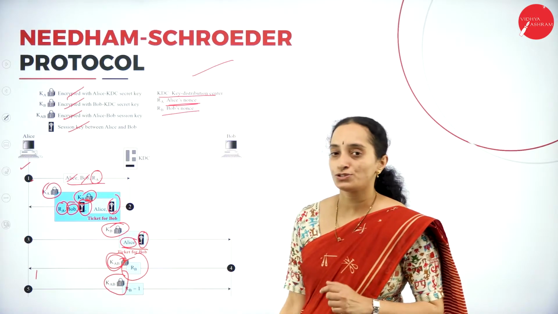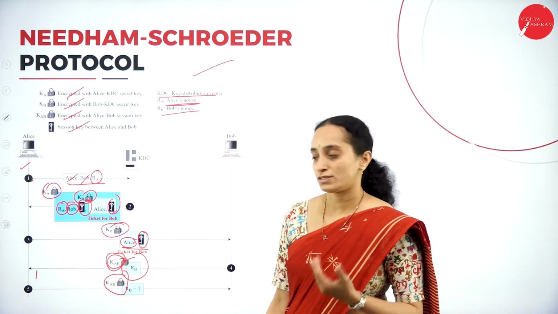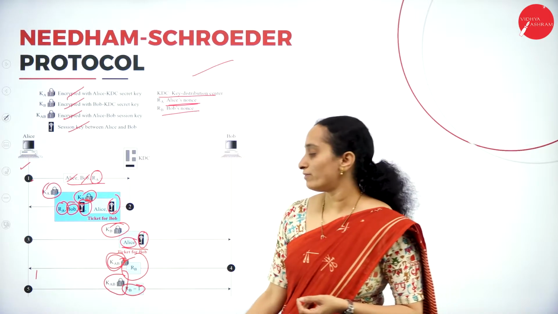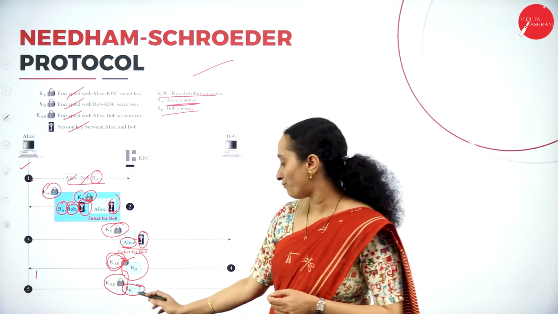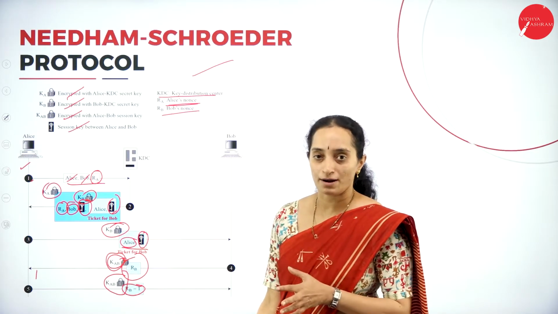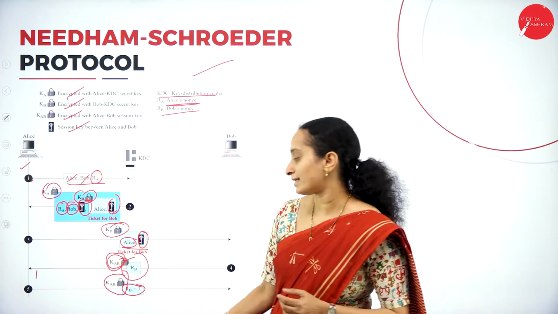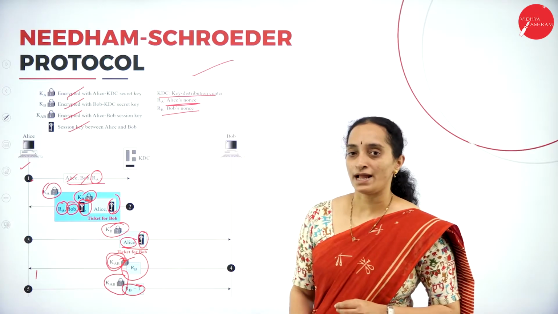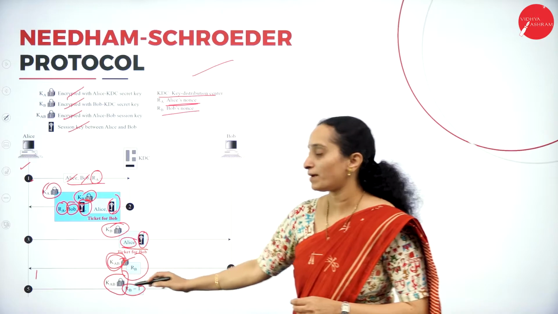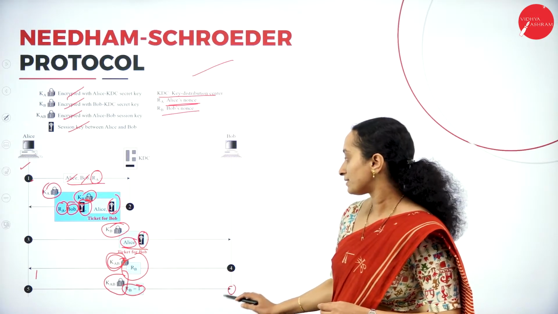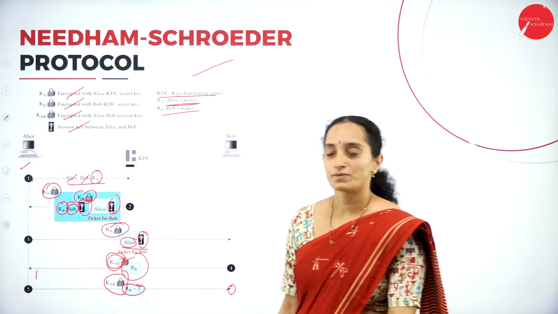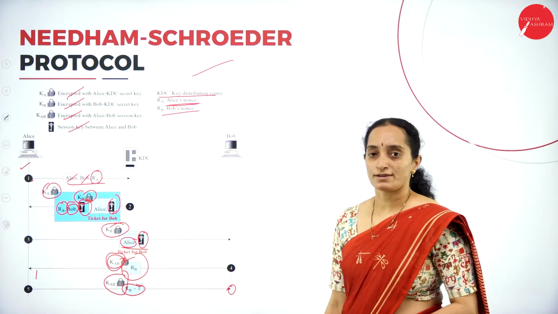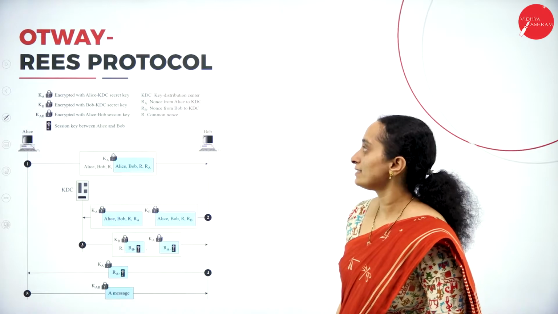Alice responds to this message or challenge, where the nonce value will be RB minus 1 instead of RB. One value will be deducted and the request will be replied. The challenge will be accepted by Alice to respond to Bob. Okay, this is the Needham-Schroeder protocol that we can use in KDC distribution.